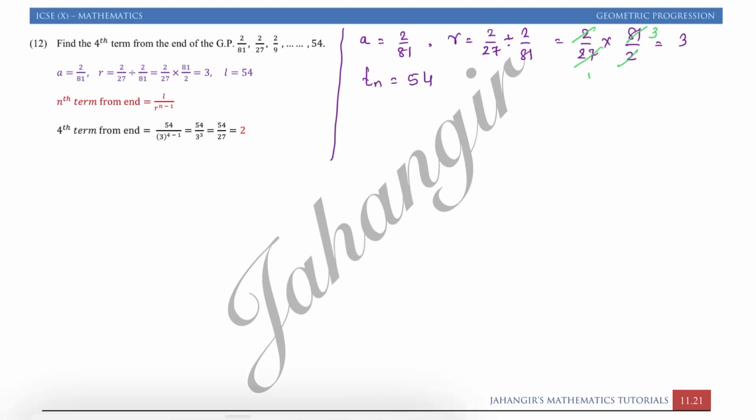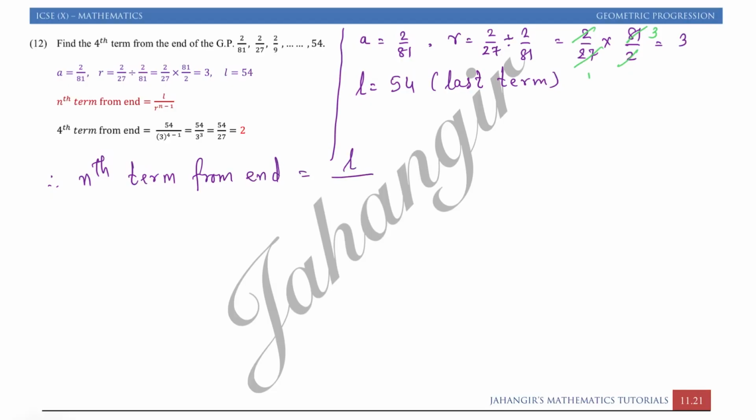And Tn is equal to 54. Tn, let's say it as L, because the last term is given. Tn is actually the last term, but here we will write L. L is 54, which is the last term. So therefore I can write the nth term from the end is equal to L upon R raised to n minus 1.